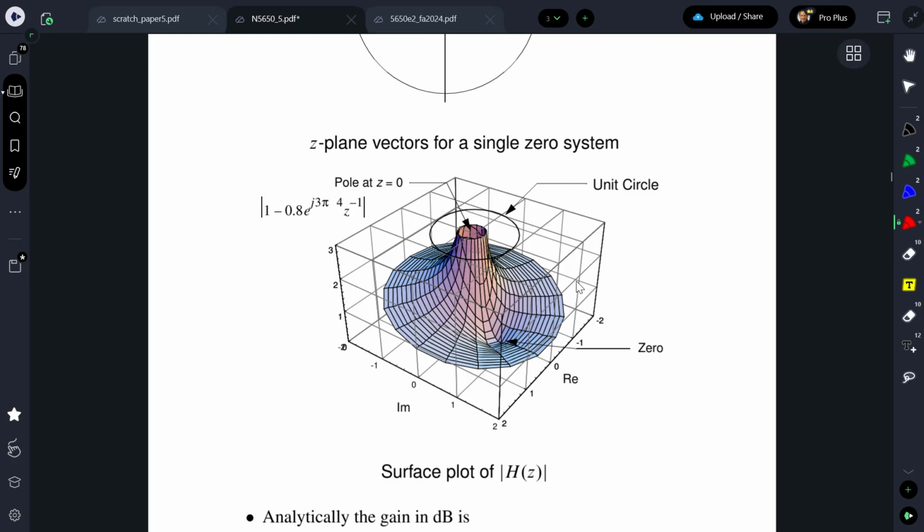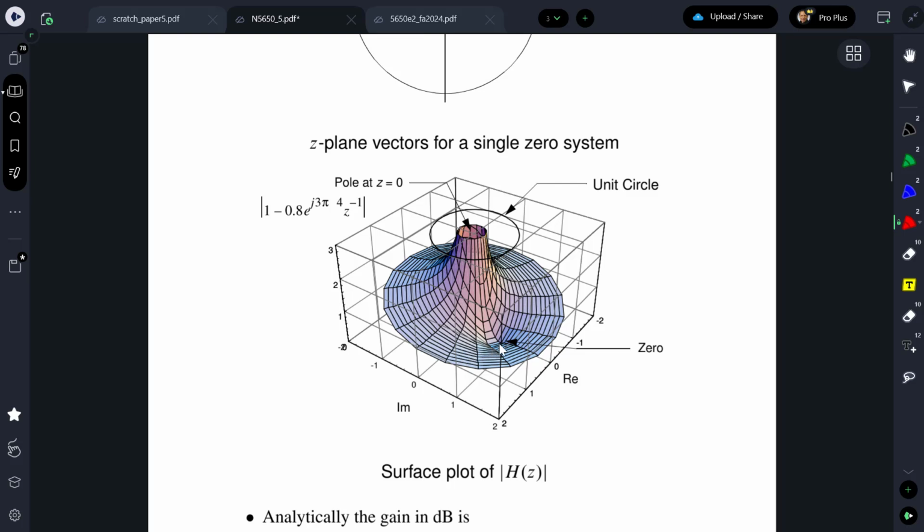This is another way of visualizing what's going on from geometry, though, in that you've got a 0. In this case, it's just somewhere in the z-plane inside the unit circle, so it looks like a hole, in the sense that this rubbery surface is tied down to height 0 right at that point, and the pole that's at 0 is pushing up to infinity.